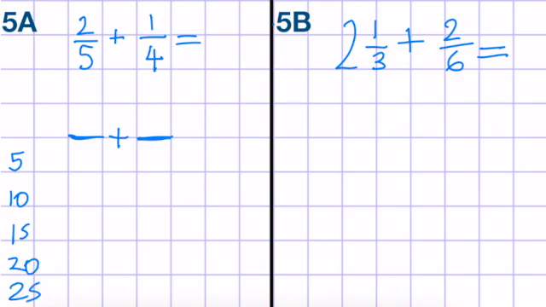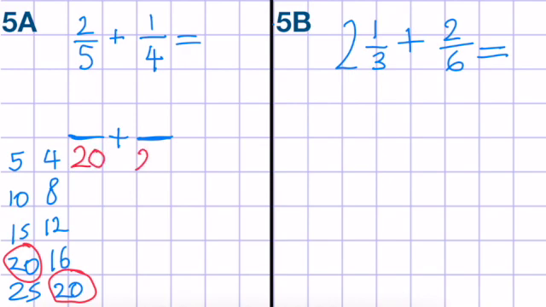I'm going to do the same for 4. 4, 8, 12, 16, 20. And I've spotted there that 20 is a multiple of 5 and a multiple of 4. They're common multiples. So that means that is now our new denominator, 20.